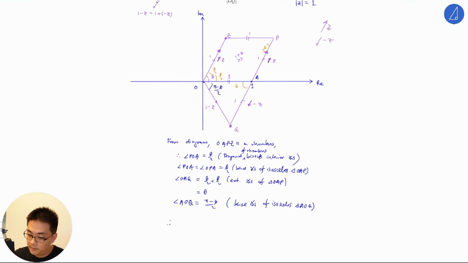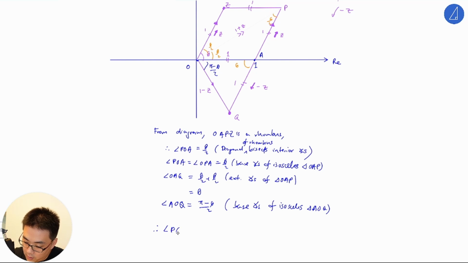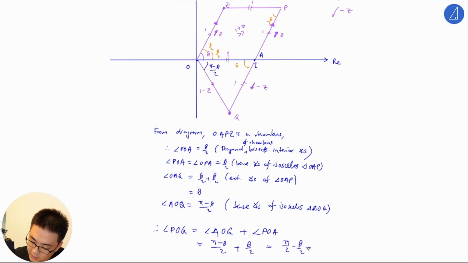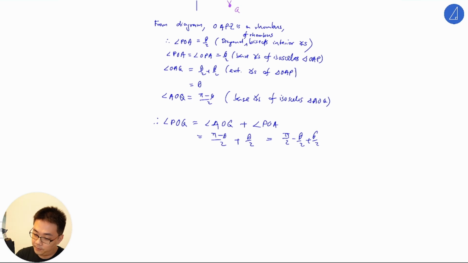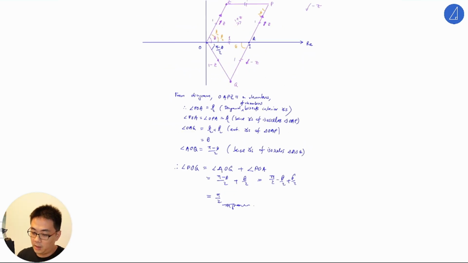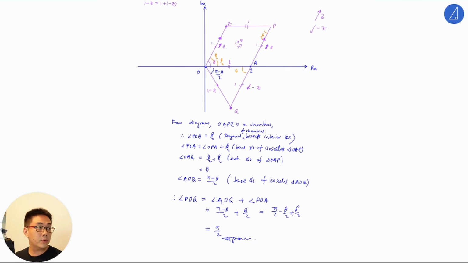So hence angle POQ is AOQ plus angle POA, which was theta over 2. Pi minus theta over 2 plus theta over 2 is pi over 2, then this is proven. Okay, there you go. So this is a rigorous way of proving.